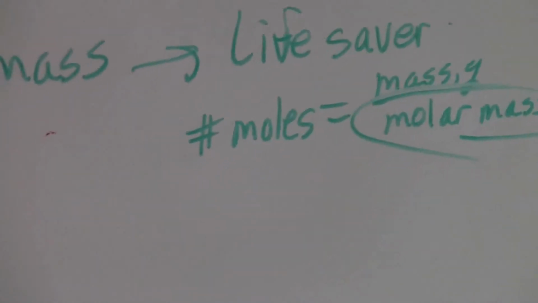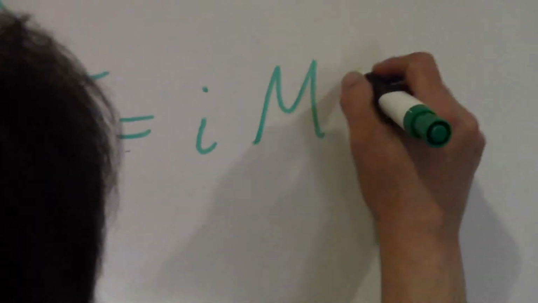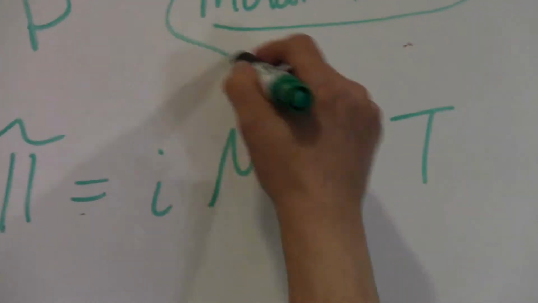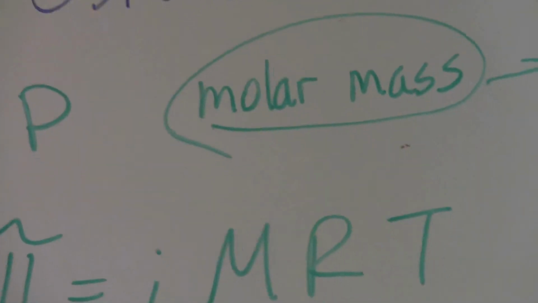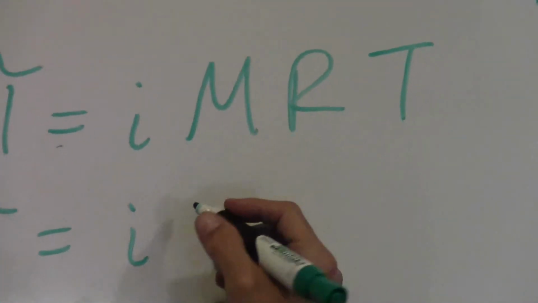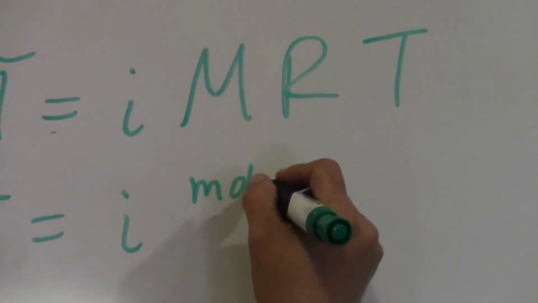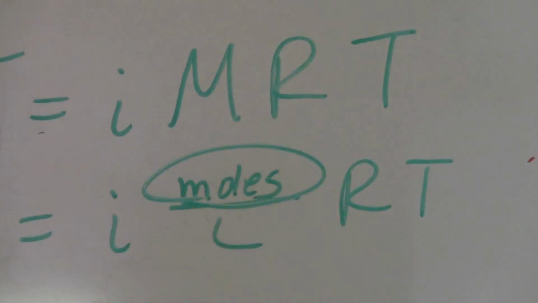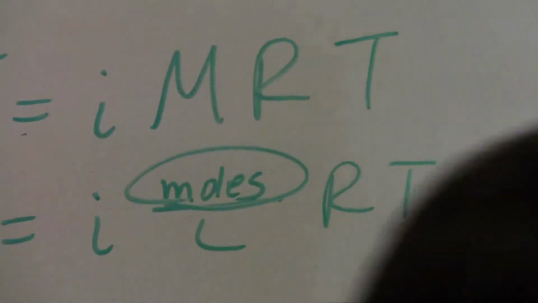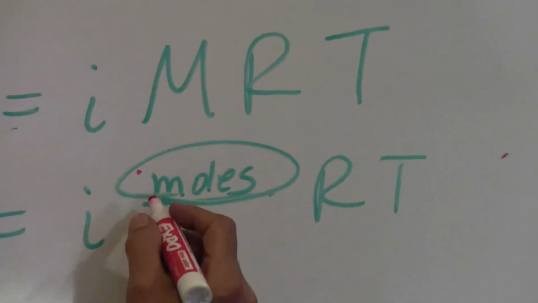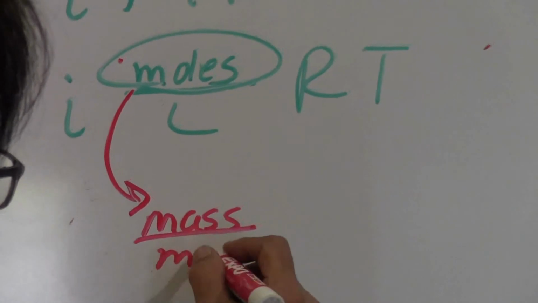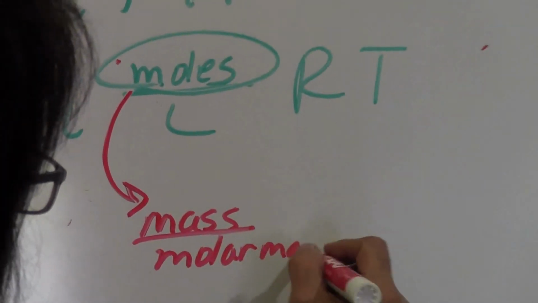So here's our formula. The problem is asking for molar mass. Let's play with this formula a little bit. Molarity, let's plug something else in, is moles over liters. This is where our lifesaver comes in. For moles, we can plug in mass over molar mass.